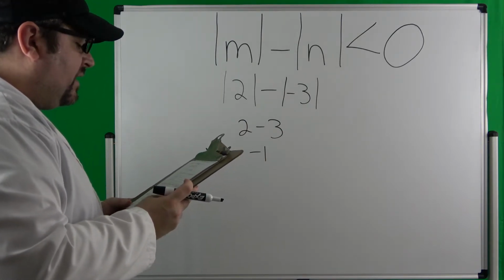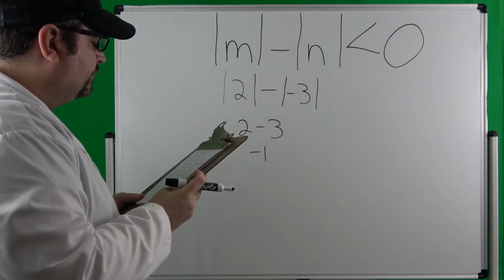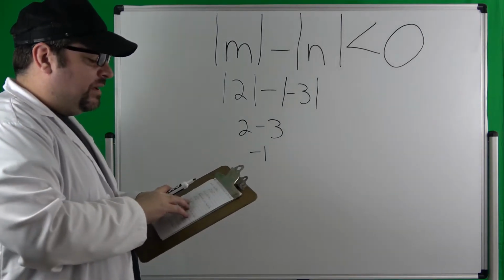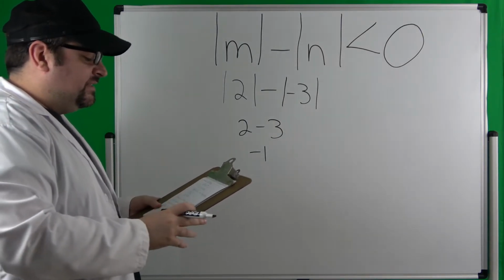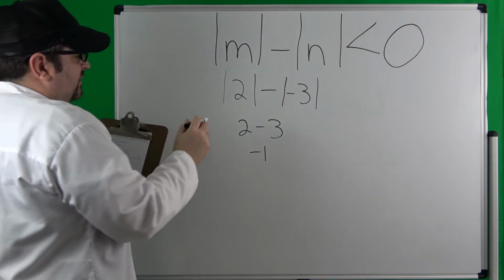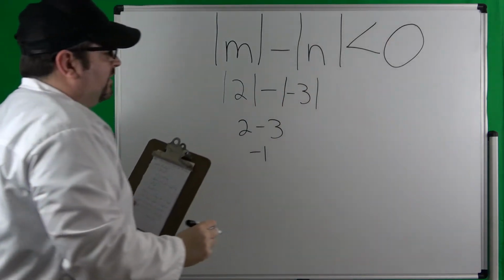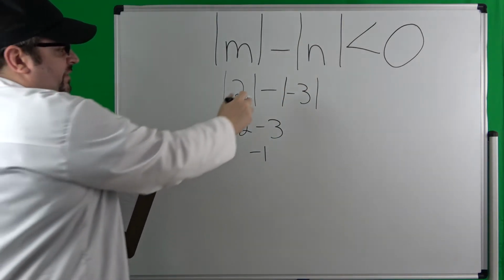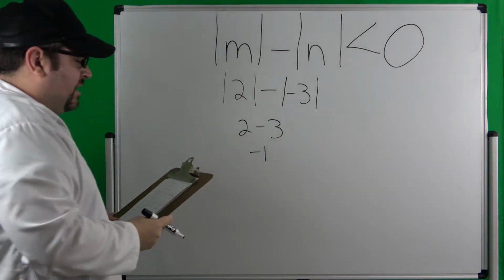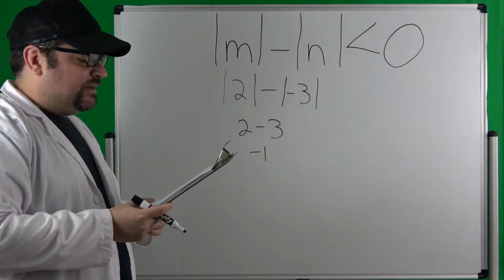And we can go down there and let's see here. The last choice, the absolute value of m minus n is less than 0. Let's just use the example I gave here. So what is 2 minus -3? Well, those negatives would cancel out. It'd be 2 plus 3, which is 5. The absolute value of 5, yes, that is greater than 0.